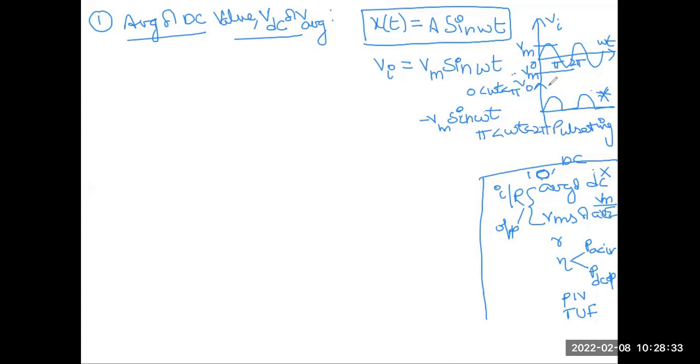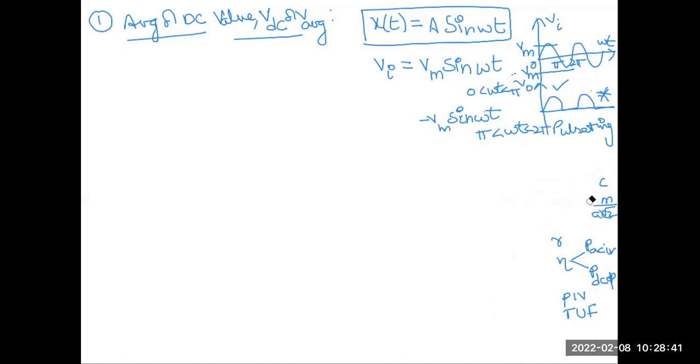Now, on similar lines, how do we define this output? For only the positive half cycle, it is Vm sin omega t. So what is x of t now? X of t is nothing but V0. Your output exists only for the period 0 to pi, whereas for the period pi to 2 pi, it is 0.